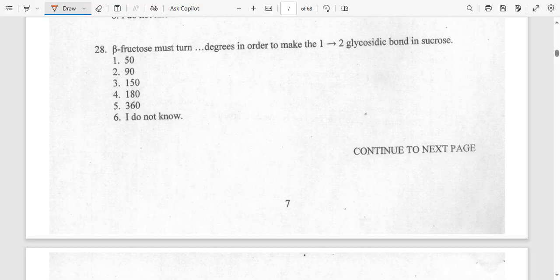Yes, it's glucose and fructose. Just that. So when we are forming sucrose, you are going to have one molecule like this. This is going to be fructose, and then the glucose is going to be like this.